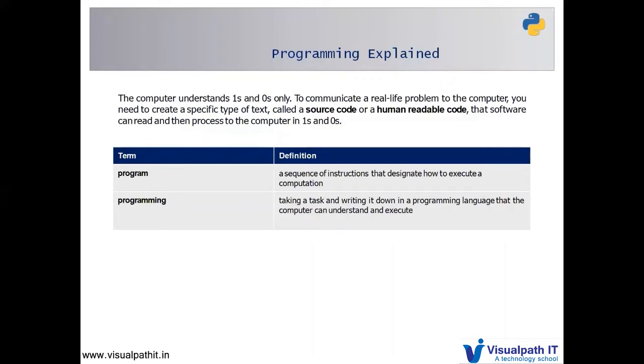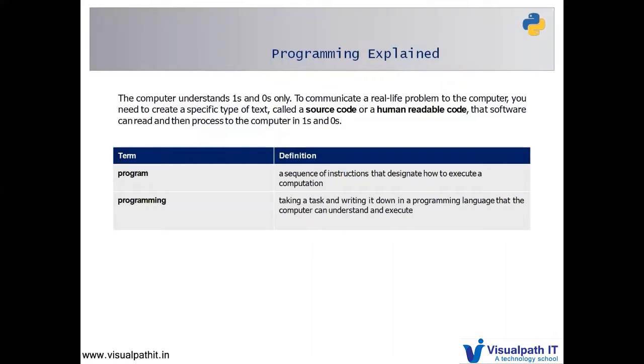So let us look at these two terms. What is a program? A program is a sequence of instructions that designate how to execute a computation. Say I want to add 4 and 5.